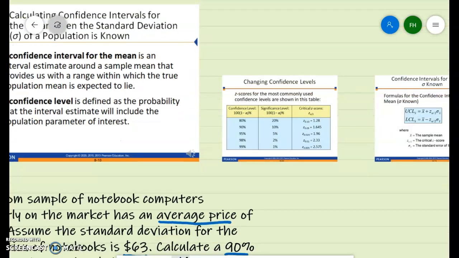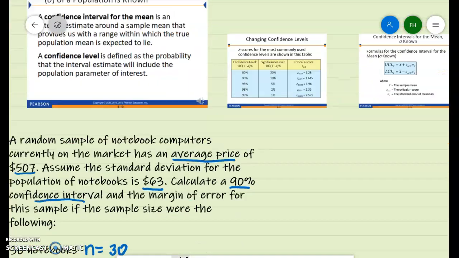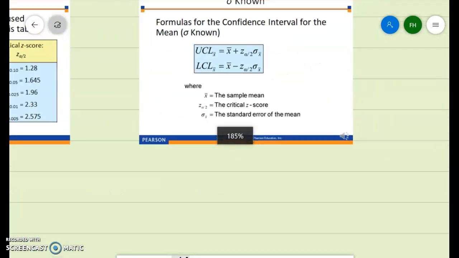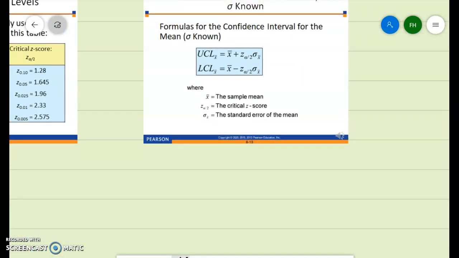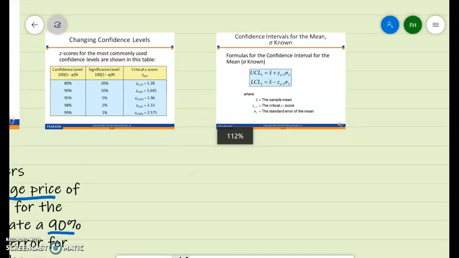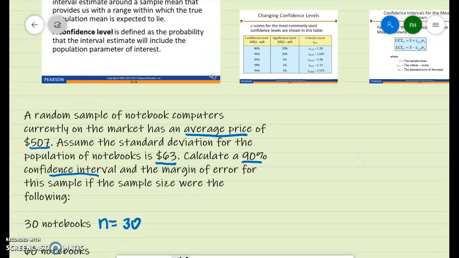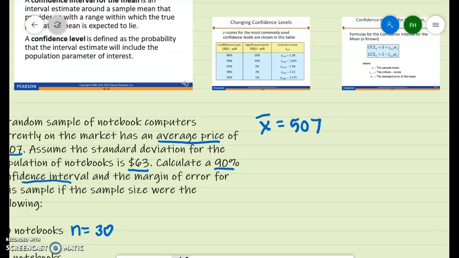So the first thing we want to do is look at the formula here. The formula for the confidence interval is we have to have the sample mean, which was given in the problem. The sample mean is 507.